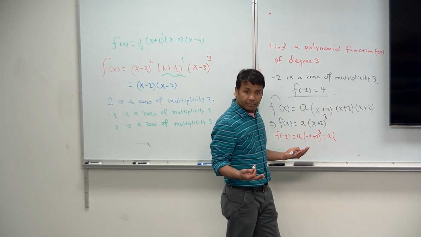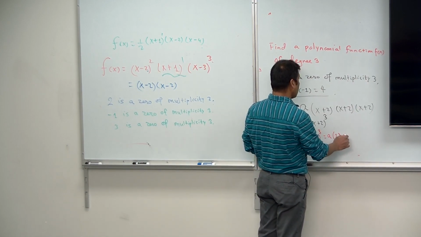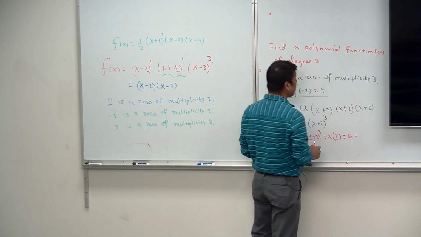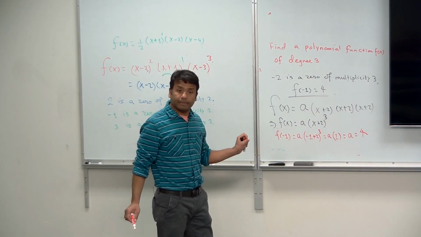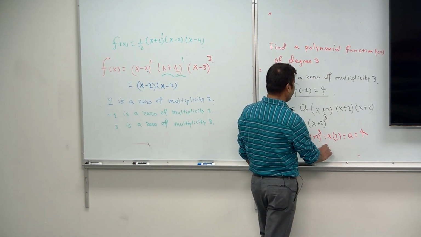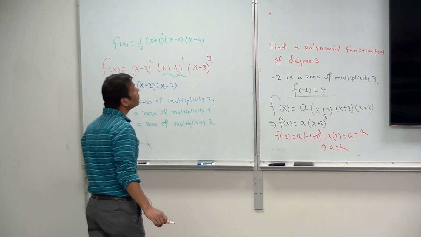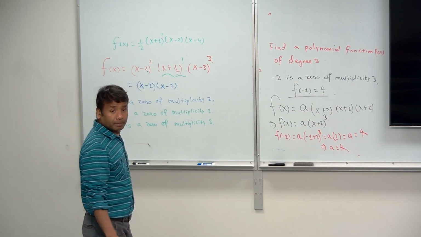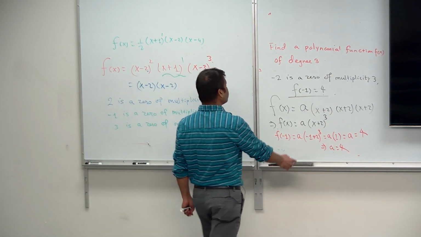It's 1, and 1 raised to the power 3 is 1. So this is a, but f of negative 1 is 4. So what is the value of a? It's 4, right? That makes sense?